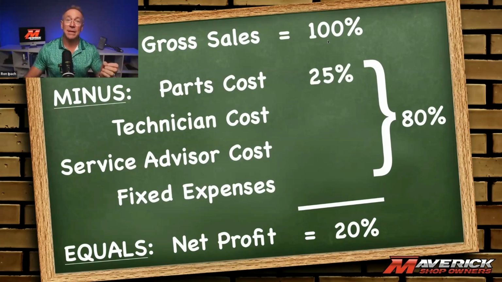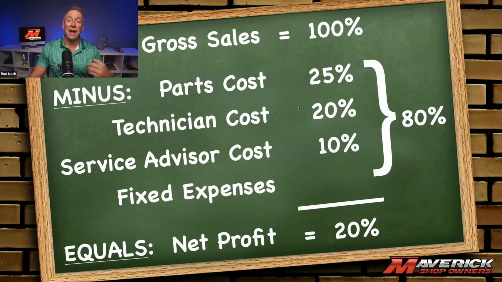Technicians, this is loaded. This is everything you pay for the technician, including salary, bonuses, uniforms, things like that. Technician costs should be no more than 20% of this number up here. Service advisor, if you've got a service advisor, let's take 10%, and that's what should be going towards the service advisor.